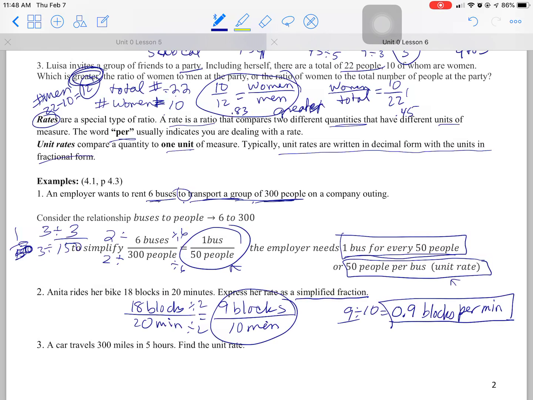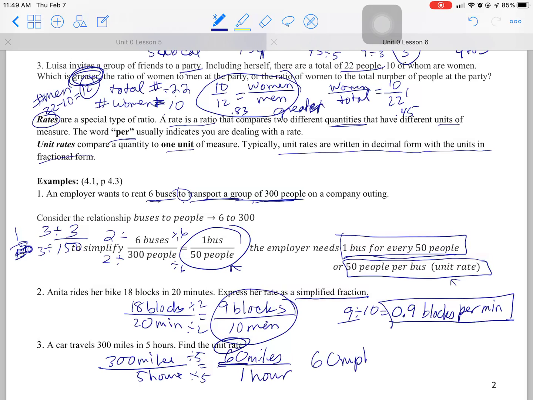all right? Let's see, 300 miles in 5 hours, reduced by 5, that gets you what? 60 miles and 1 hour. Find the unit rate, so that would be 60 miles per hour.